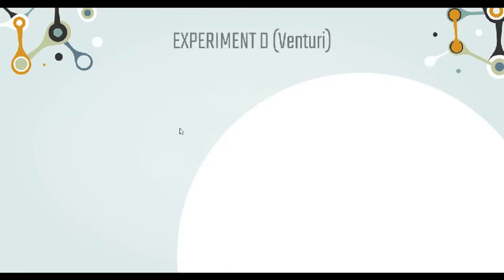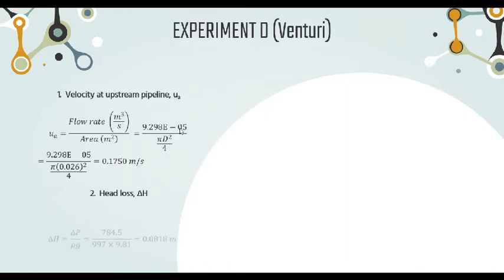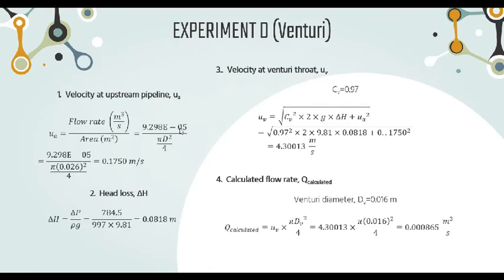So next, for the venturi meter, we find the velocity at the upstream pipeline, UA, equal to flow rate over area, and then we find the head loss, pressure drop over rho g. We find the velocity at the venturi throat, UV, and CV is given, which is 0.97, and we can find UV with this equation.